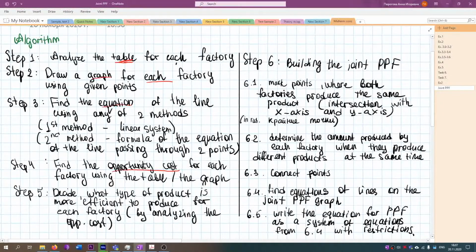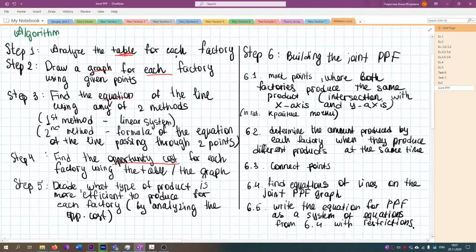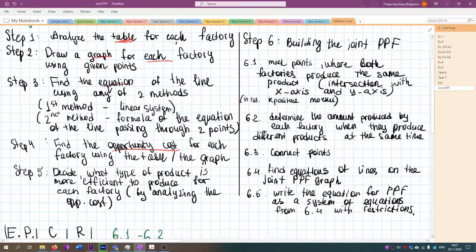Then we will determine the amount produced by each factory when they produce different products at the same time. Then we will connect points, find equations of lines on the joint PPF graph, and finally we will write an equation for the production possibility frontier as a system of equations.